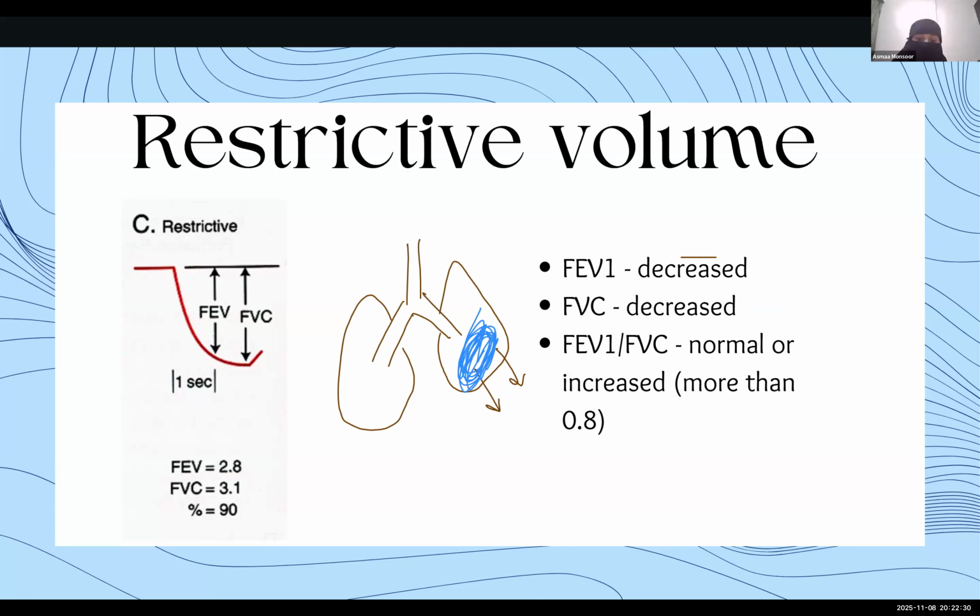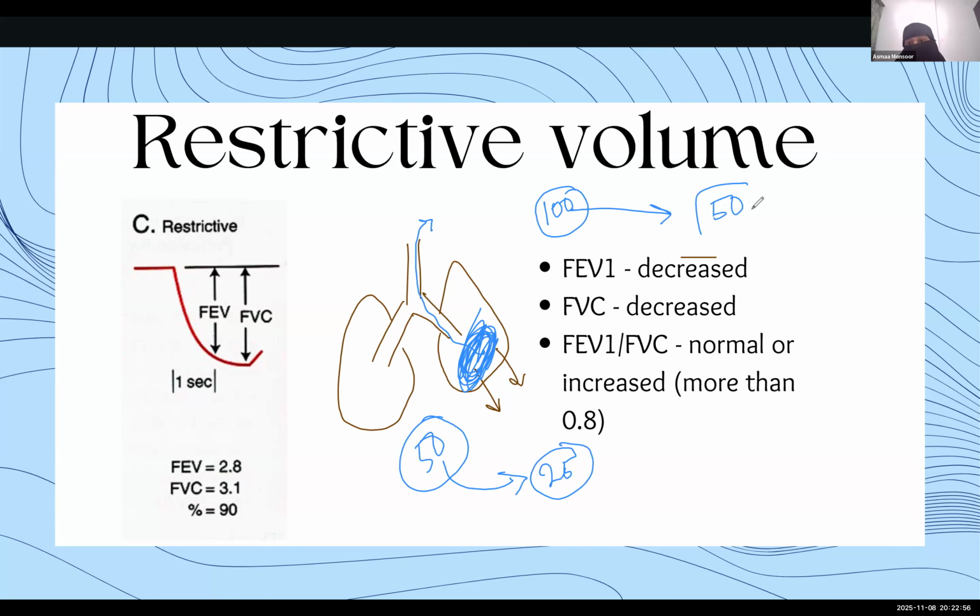When you're trying to exhale, in restrictive diseases there is no problem in exhalation, the problem is inhalation. So in normal humans you have about 100 volume of air inside the lungs, so when you exhale you can exhale about 50 of it. But in restrictive diseases only 50 is there in the lungs, so when you exhale you'll only be able to exhale 25 of it.